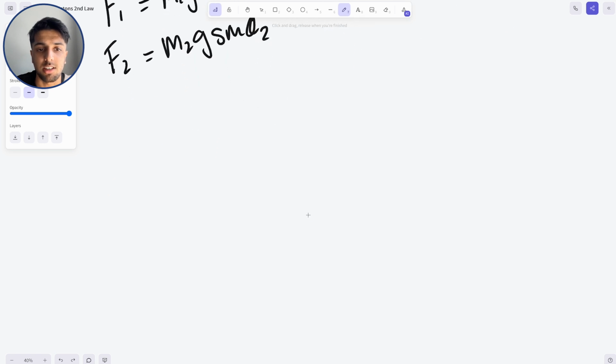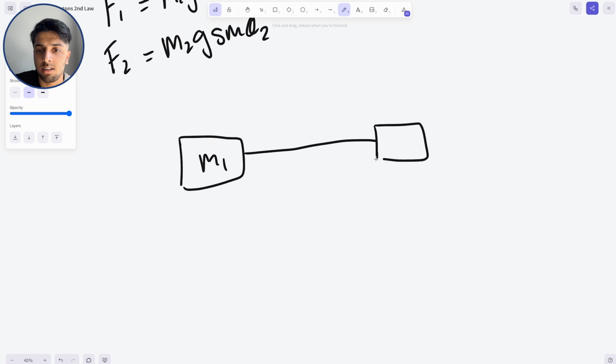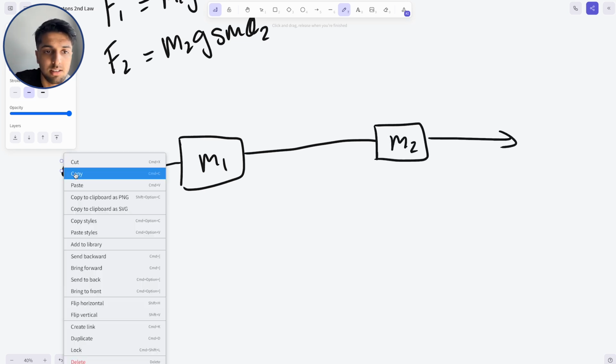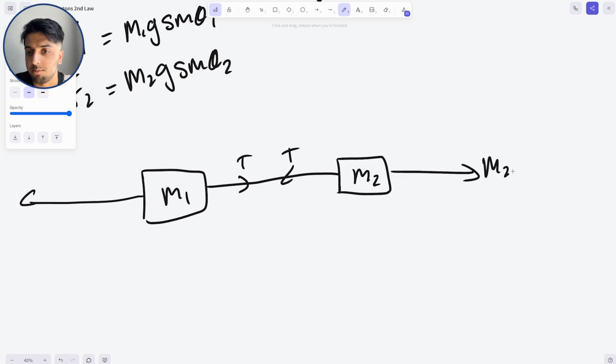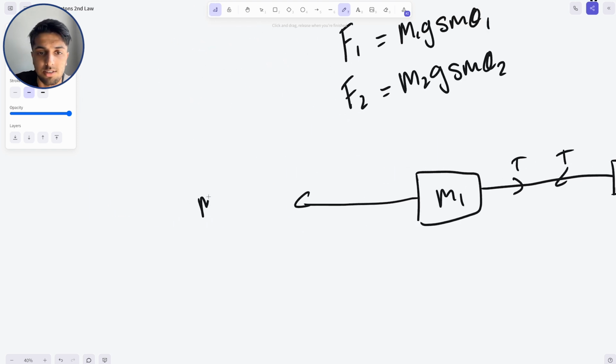Therefore, we can again draw our diagrams out as m1 and m2. And therefore, as we have tension force and tension force, this is m2G sine theta 2. And this is m1G sine theta 1.